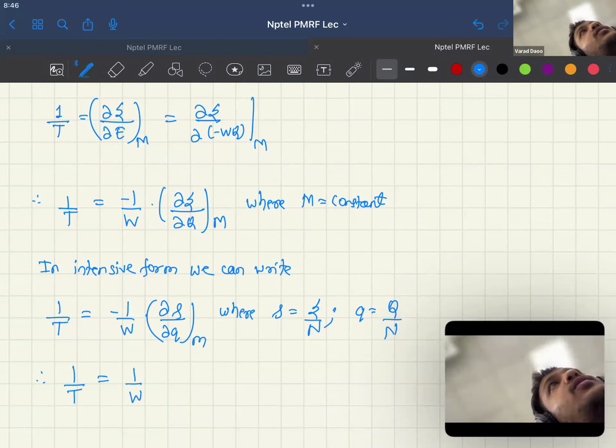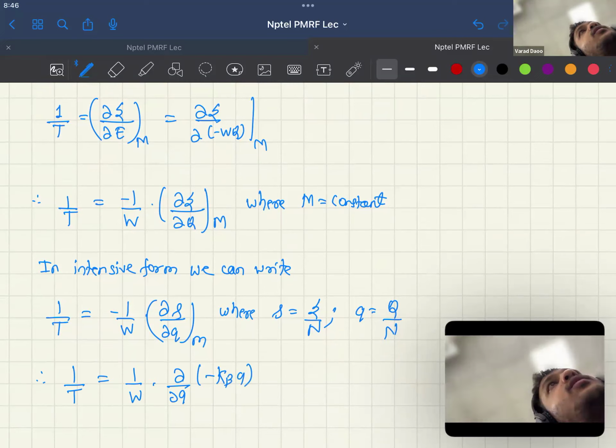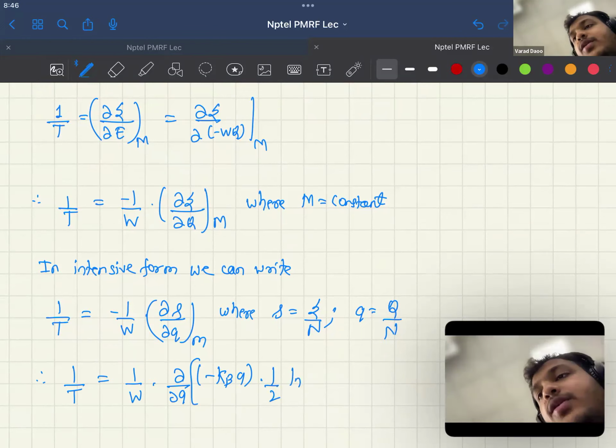1 by W into dou by dou Q of minus KBQ into half of ln of square root of Q square minus M square, right?